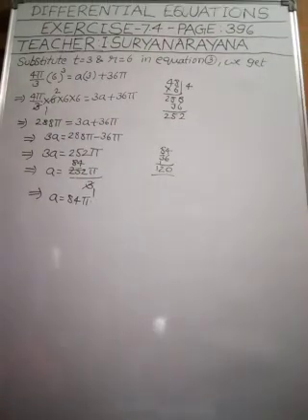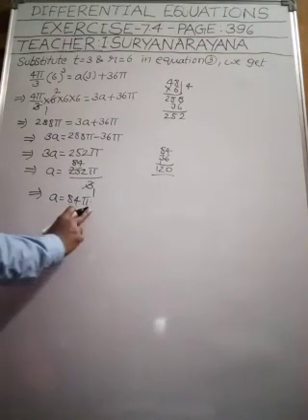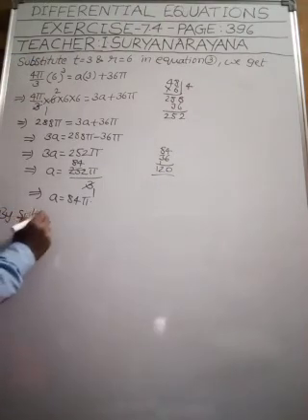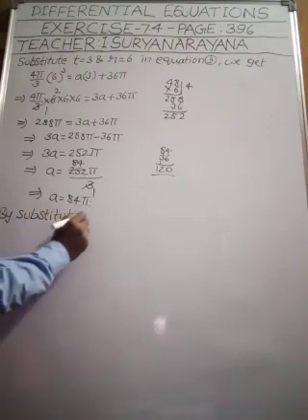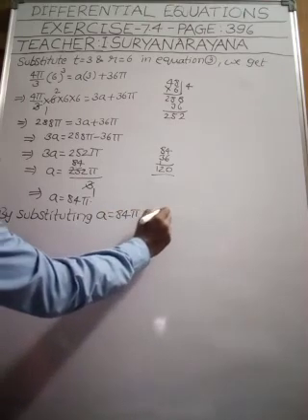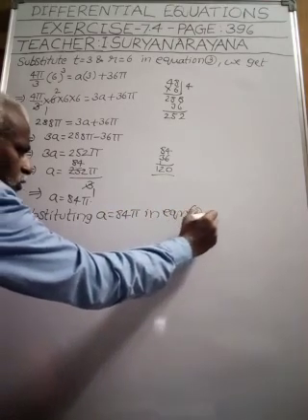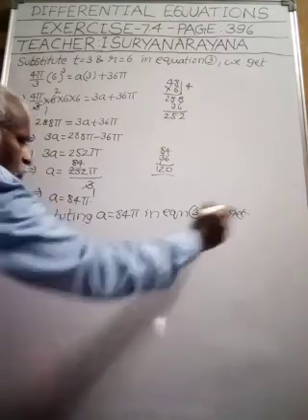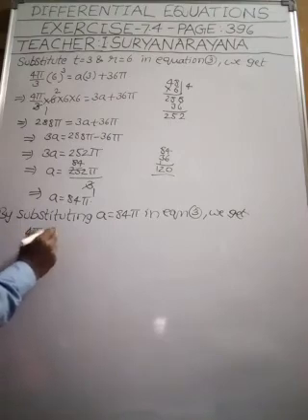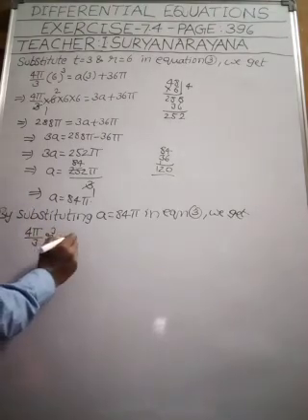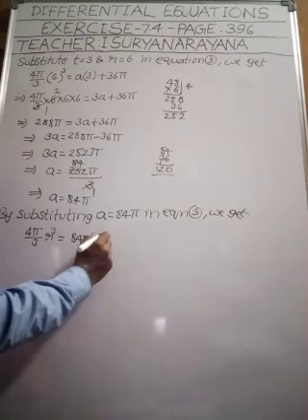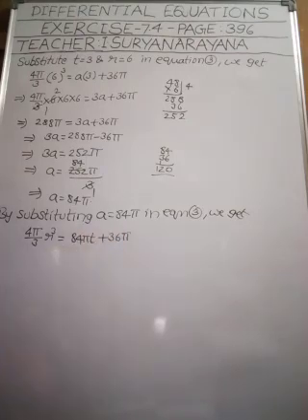Now let us substitute a is equal to 84π in the equation 3. By substituting a is equal to 84π in the equation 3, we get 4 by 3 π r³, that is 4π by 3 r³ is equal to 84π t plus 36π.